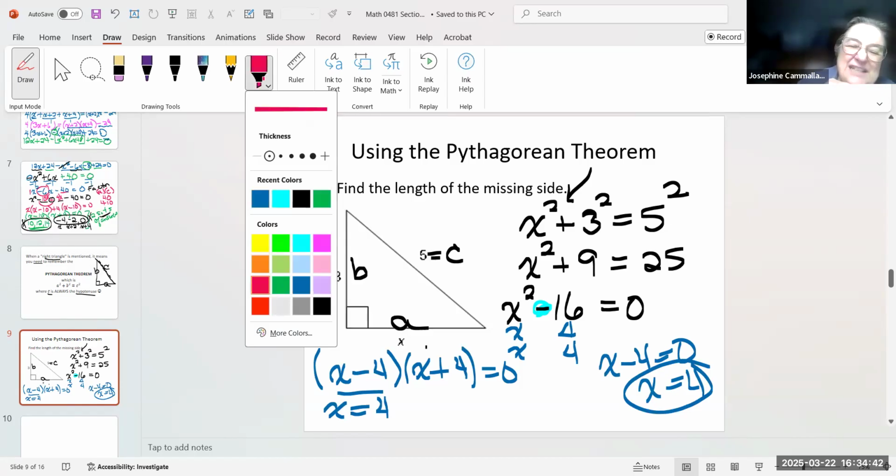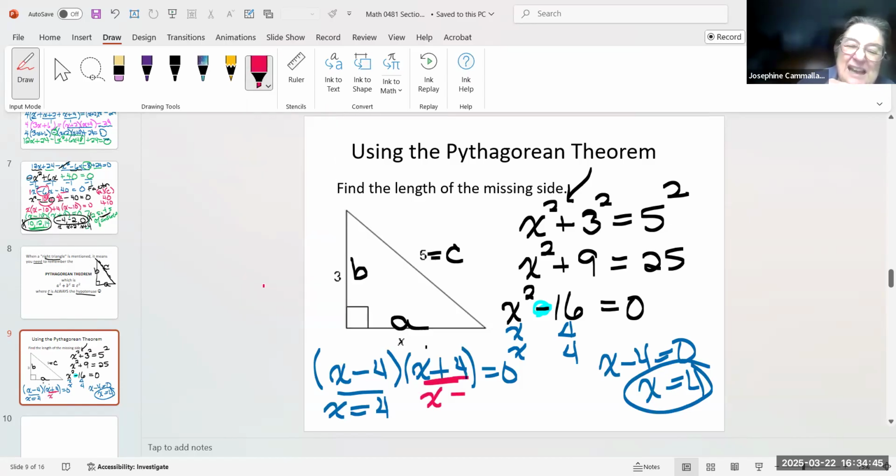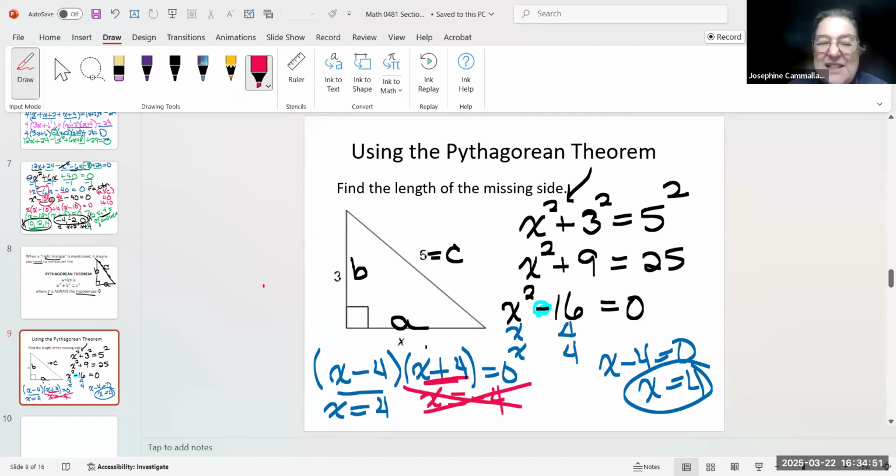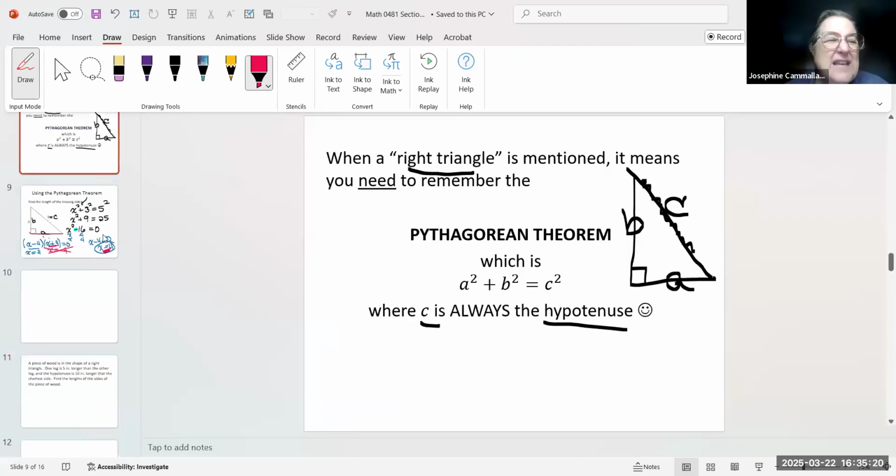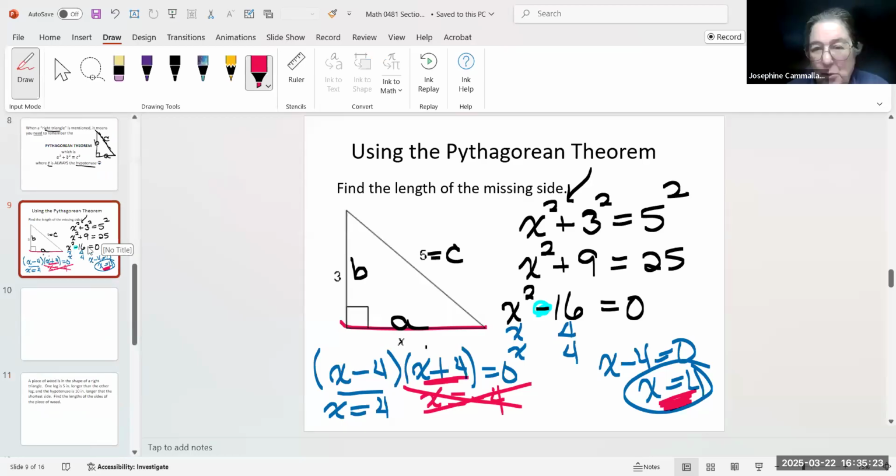But if I take this side, I'm going to get a negative 4. I can't have a negative answer because a length can't be negative. -4 is not going to work. This length of A, how do you measure -4? Reasonableness comes in this problem. You've got to be able to, in this case, realize that the negative is not going to work.